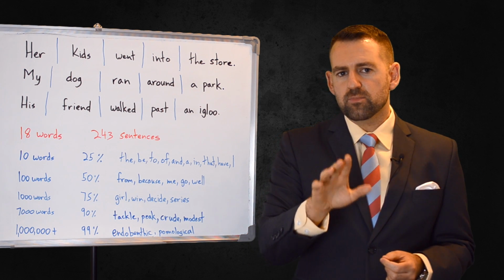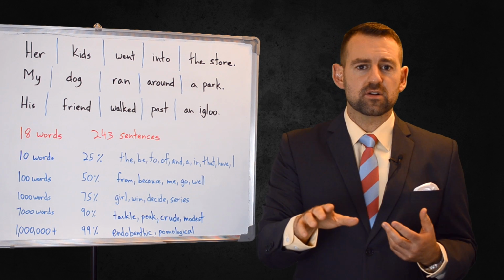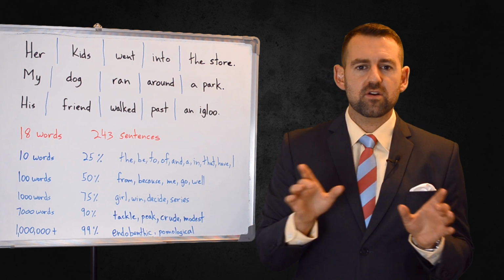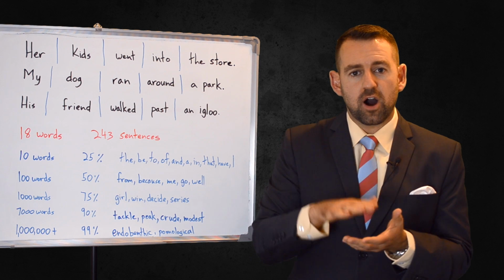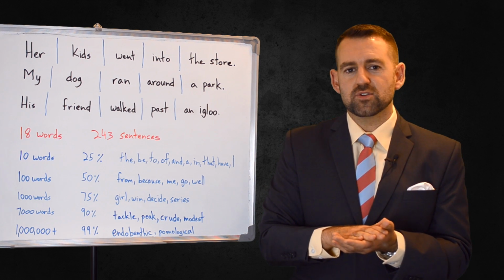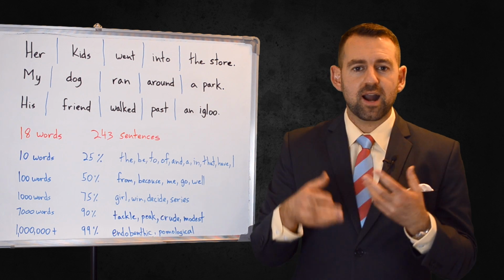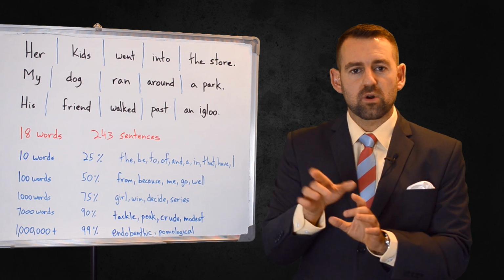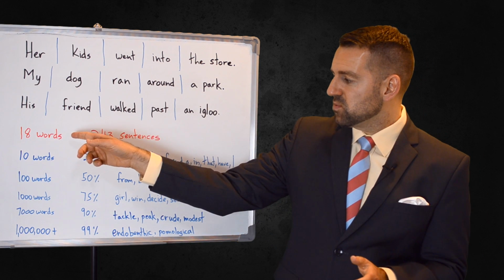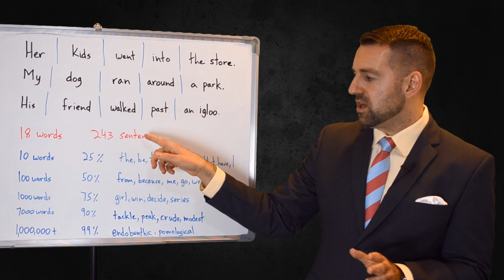And that's the problem with learning English, is that you don't know how to make very many sentences. Your confidence is low because you don't have very much practice using the words in sentences. Okay? So only 18 words, and you can practice lots.